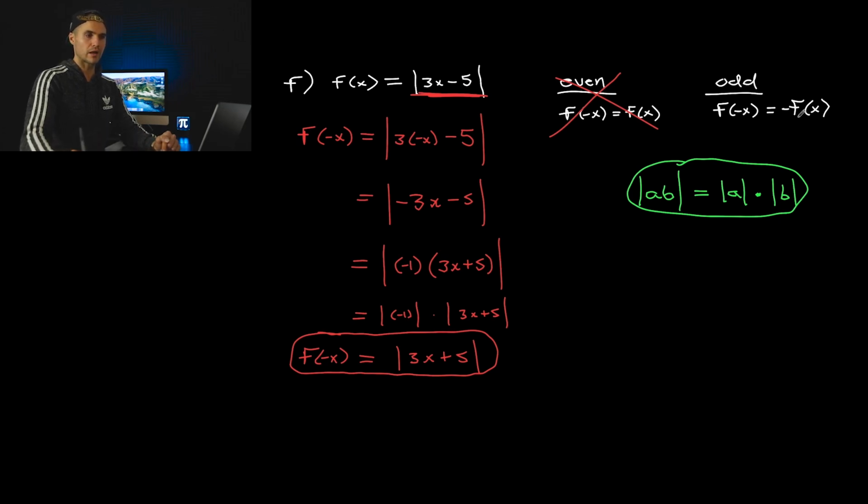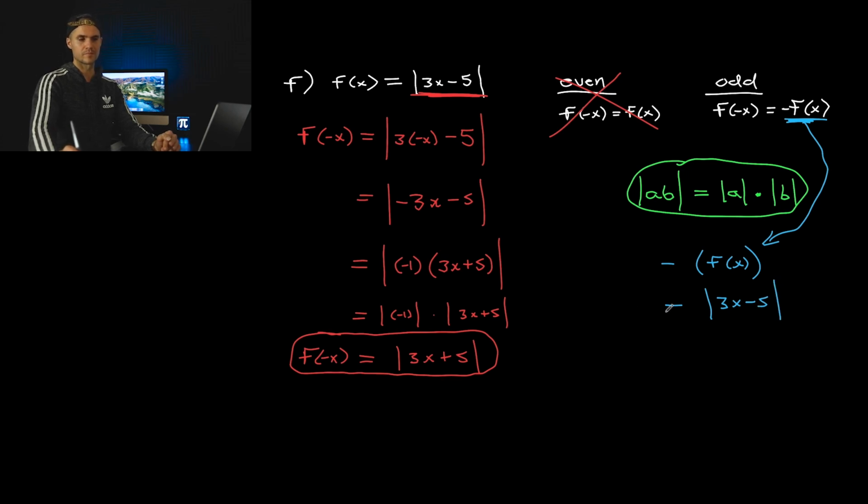Now, what about an odd function? So remember, for an odd function, we already have f of negative x here simplified. So we just have to get negative f of x. Well, it's just going to end up being negative absolute value of 3x minus 5, like that. And we can't distribute the negative inside the absolute value or anything like that.